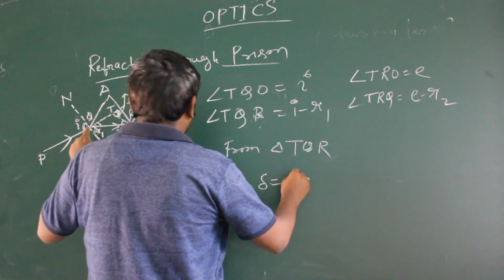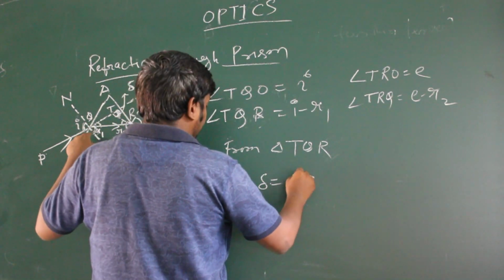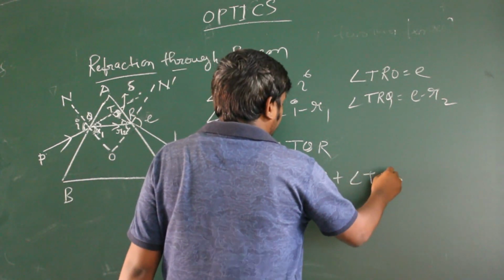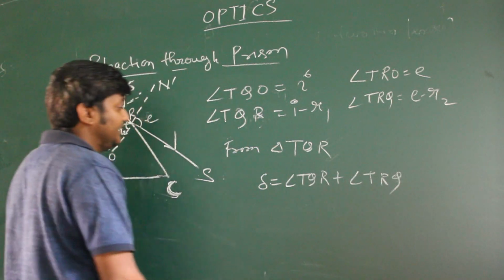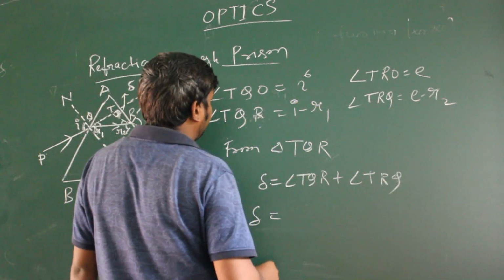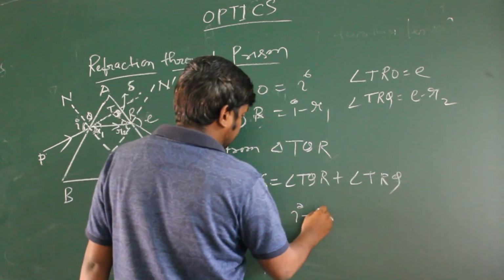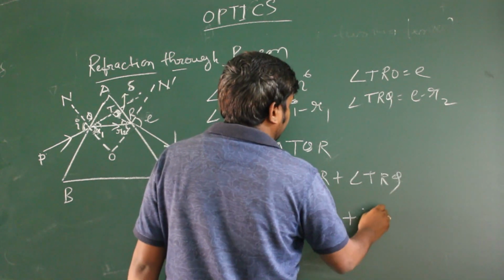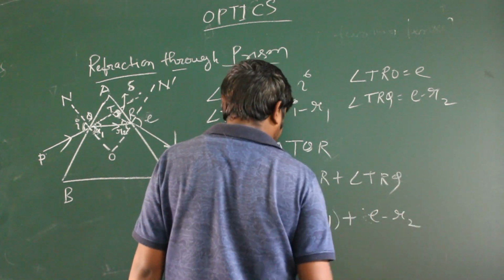Delta equals angle TQR plus angle TRQ. What is TQR? We already got TQR: I minus R1 plus E minus R2.